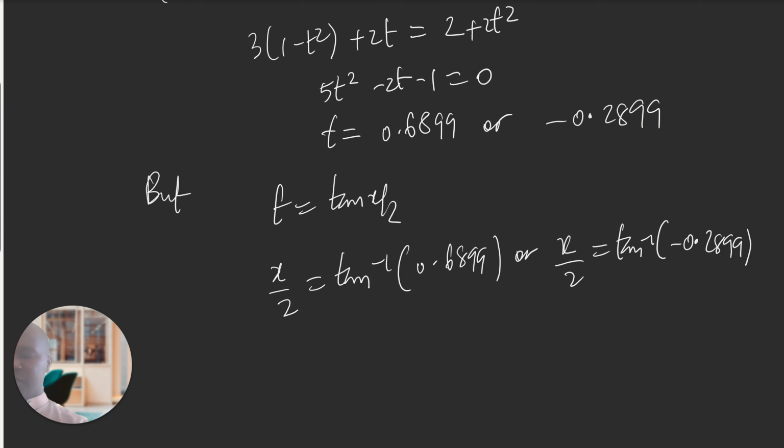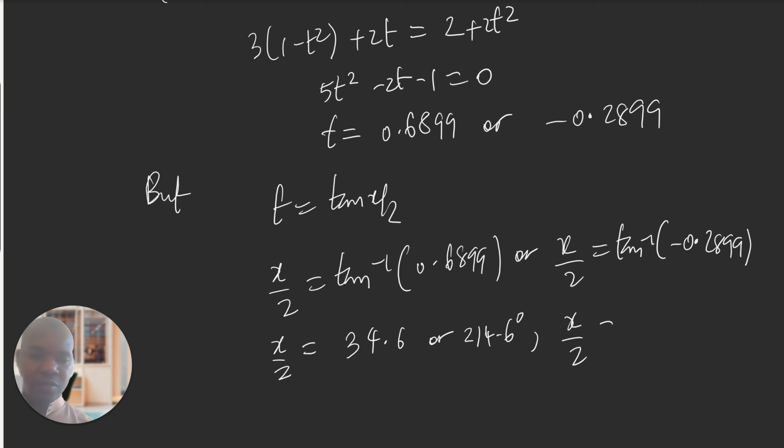So tan inverse of 0.6899, you get 34.60. So x over 2 is 34.60, or 180 plus 34.60, or 214.60.